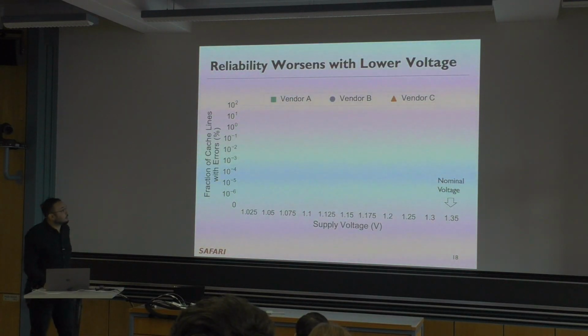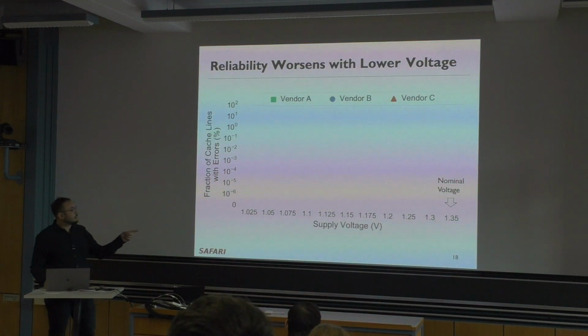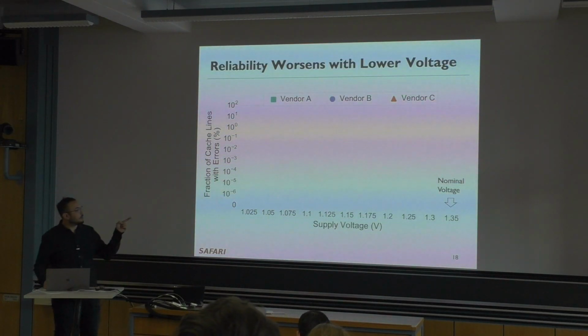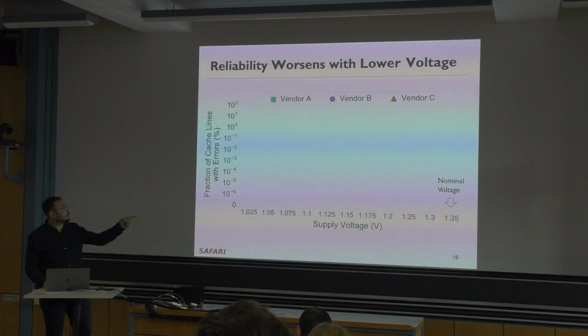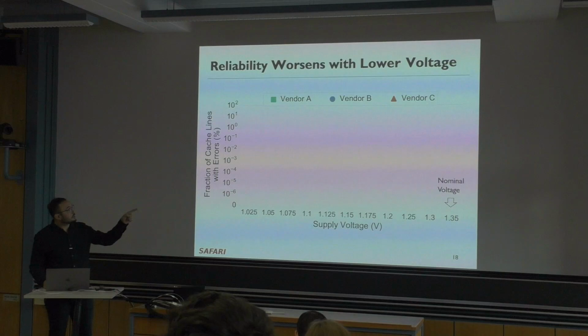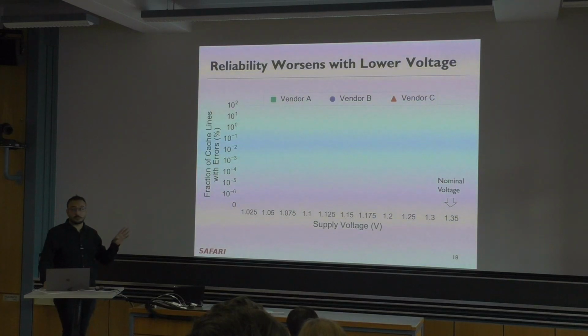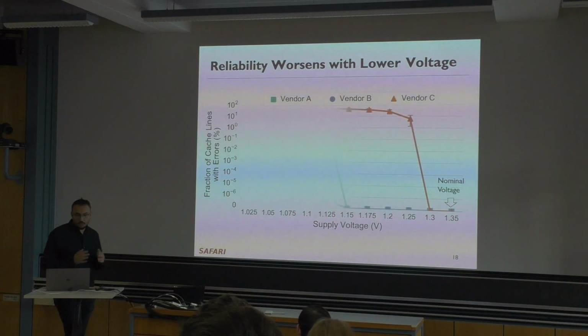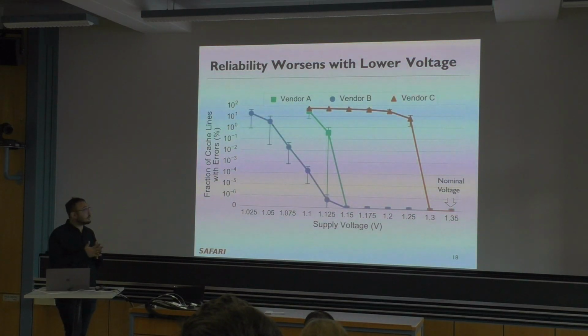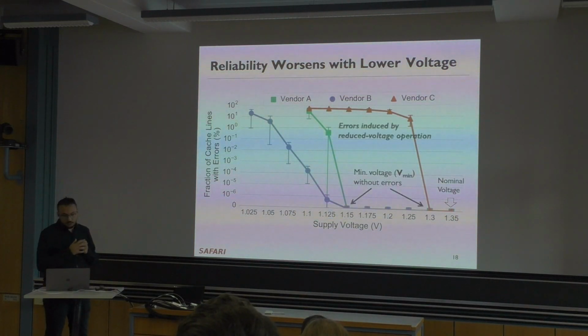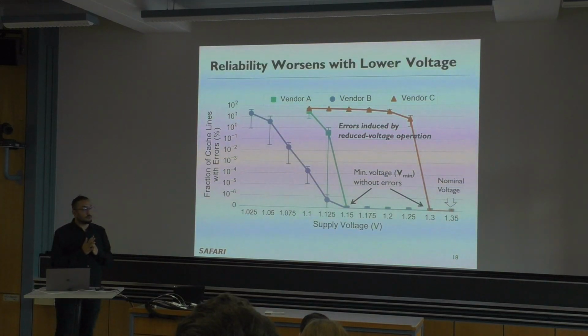Okay, so here are some results. On the x-axis you see the supply voltage, and we start from the rightmost end, which is the nominal voltage. You will see curves with different colors. They belong to different major DRAM vendors. On the y-axis, you see the bit error rate on those chips. When we reduce the voltage, each vendor behaves differently, but there's a common trend: until reaching some minimum voltage, you don't see any errors.